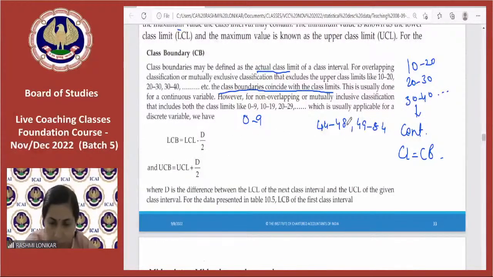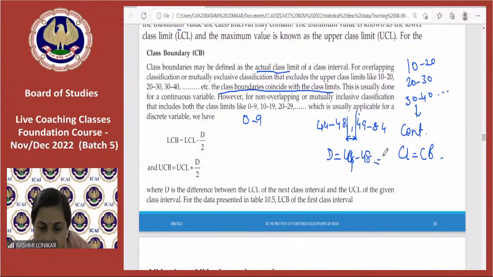Because there is this gap, can you see this is ending at 48 and this is starting at 49? There is this gap, so I want to reduce it. I find out the difference D, which is 49 minus 48, equal to 1.